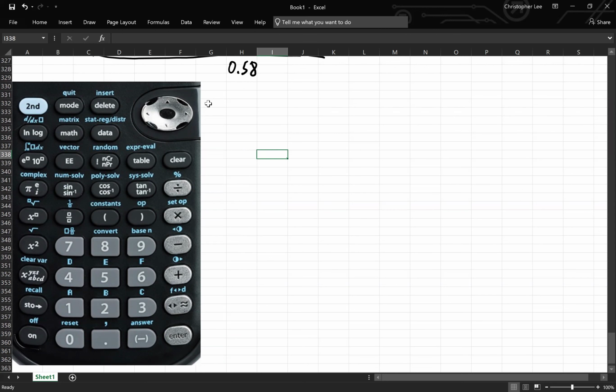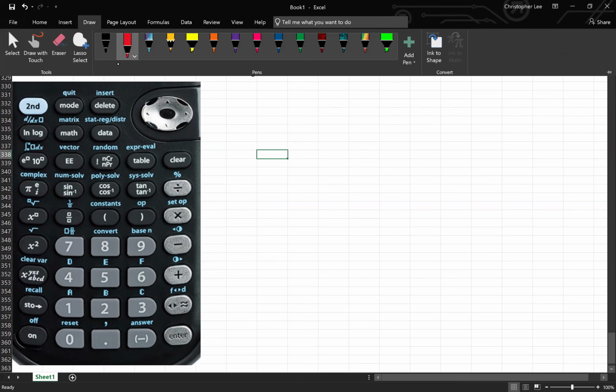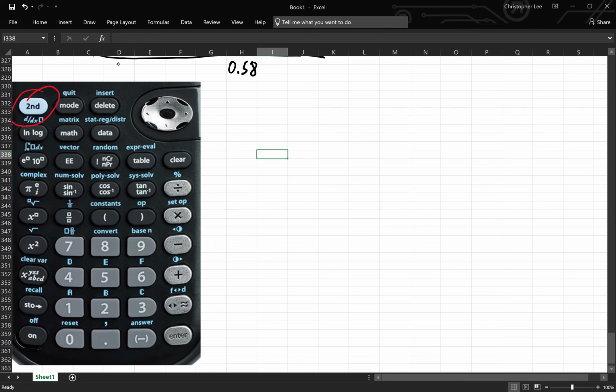So we're gonna hit my red pen for this. Second, now we're gonna hit the data button, where it says stack regression slash distribution.